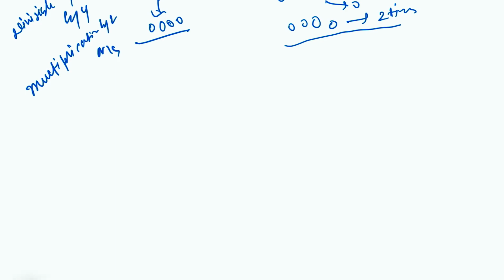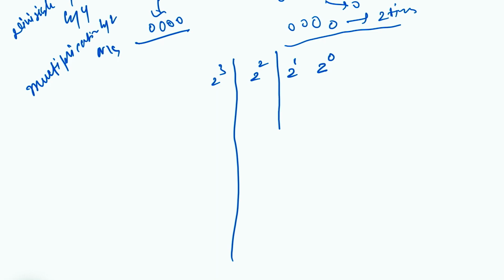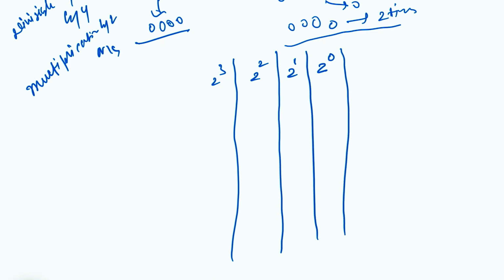For that, first we take a 4-bit binary sequence. I am going to write 2 raised to power 0, 2 raised to 1, 2 raised to 2, 2 raised to power 3. I am not going to write big data for this binary number.